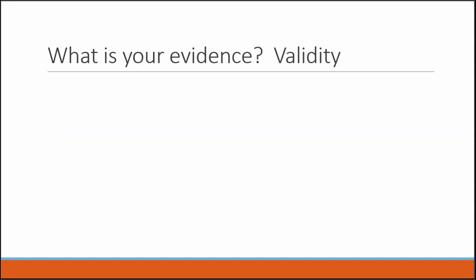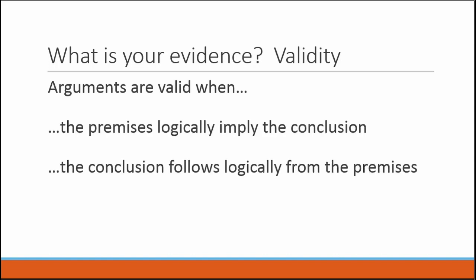Let's move on to discuss in greater detail the concept of validity. So, arguments are valid when the premises logically imply the conclusion, or the conclusion follows logically from the premises. Those are two ways of saying the same thing. But how do we know?